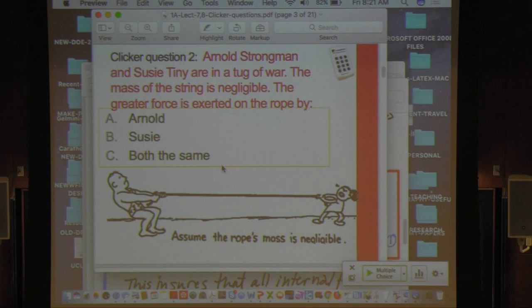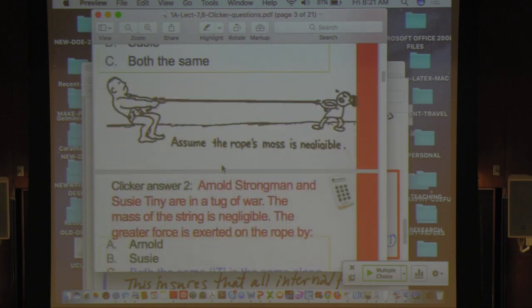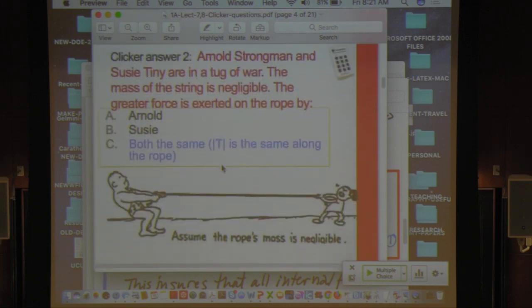So if they are in equilibrium, not accelerated, third law. If they are accelerated, if the mass is negligible, then the tension is the same. And this is what I put here: the tension is the same along the rope, even if they would be accelerated.